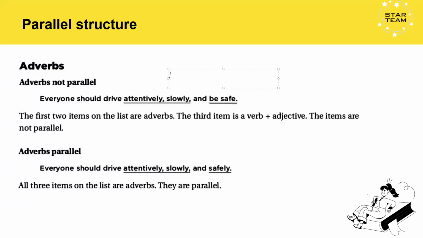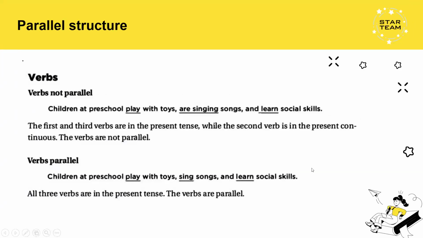Okay, so the next. Verbs. Verbs not parallel: Children at preschool play with toys, are singing songs, and learn social skills. Which one is not parallel? Which one is different, guys? Okay.